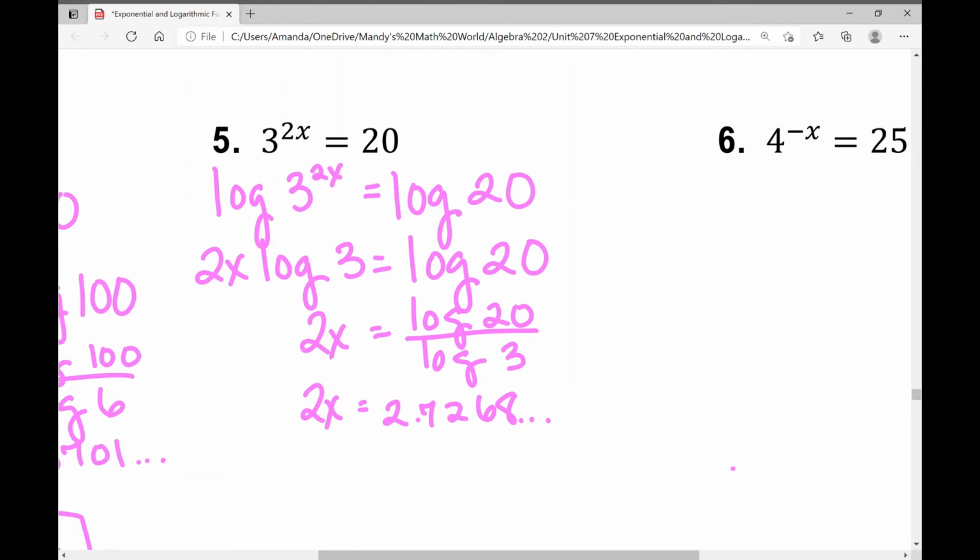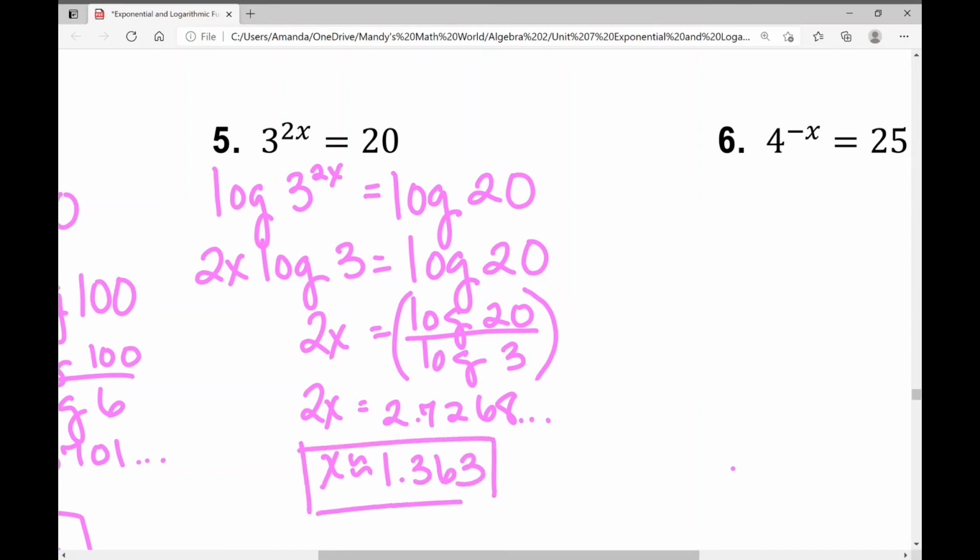If you're using Desmos, what you really need to do is put your entire expression in parentheses and then divide by 2. Okay, so log of 20 divided by log of 3, then divide by 2. And you get x is approximately 1.363. And that's your answer for number 5.